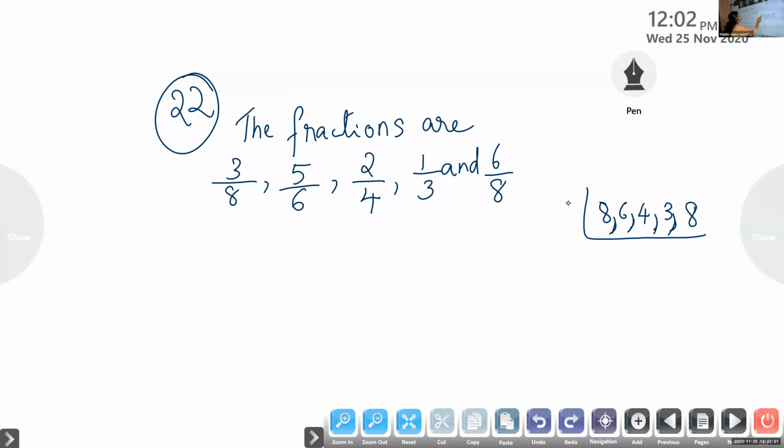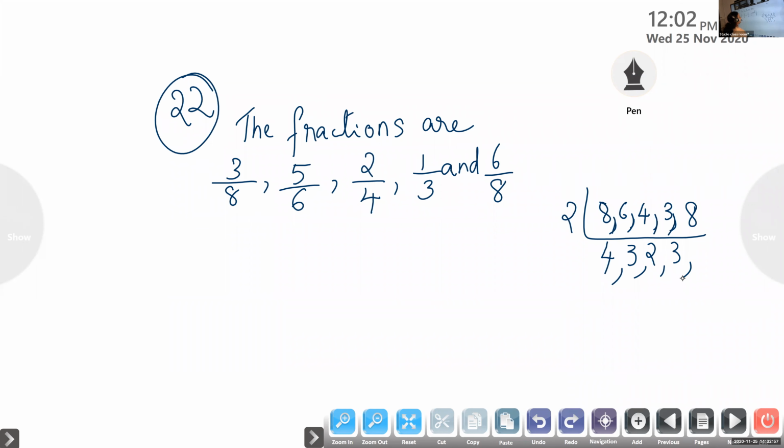So we'll start with 2. 4 2s are 8. Can you tell me? Yes, Manu. Now 6 divided by 2, 3. Now 4 divided by 2, 2. 3 we cannot divide, so we will write it the same.